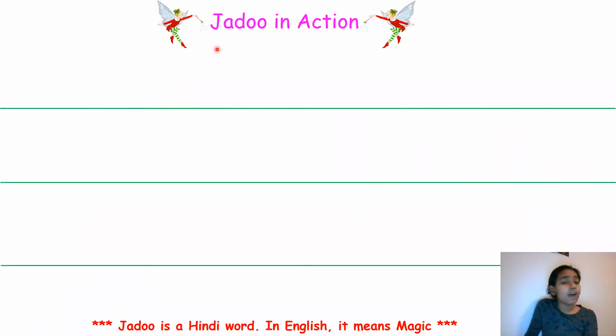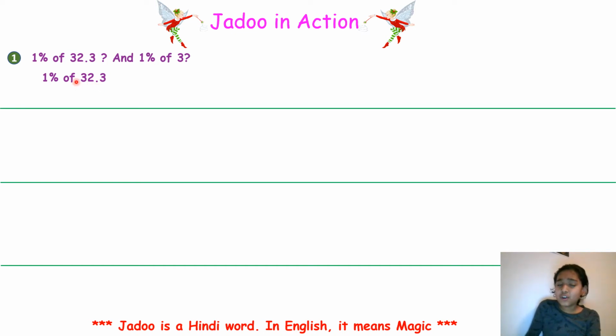Okay friends, now let's apply today's trick. Our first question is 1% of 32.3. As per the trick, we need to shift the decimal 2 digits from the right, so 1, 2. The answer would be 0.323.